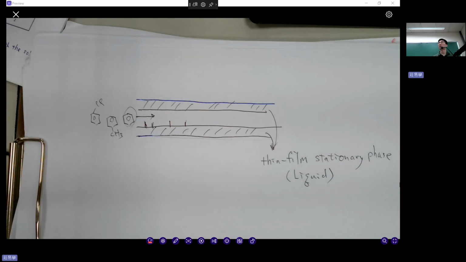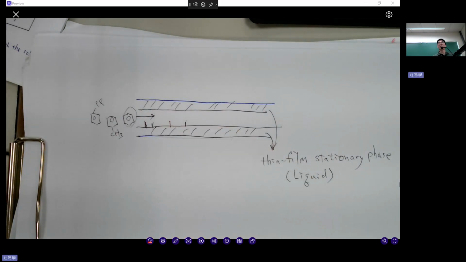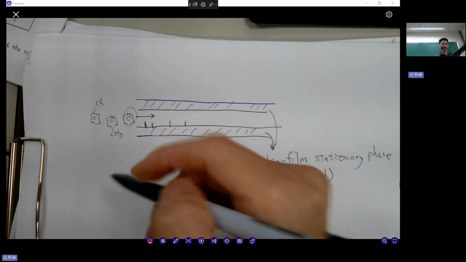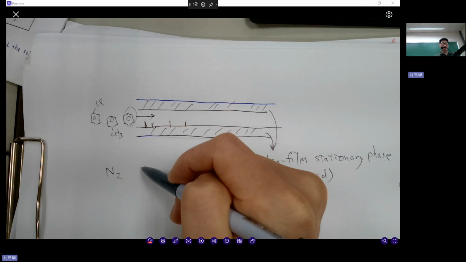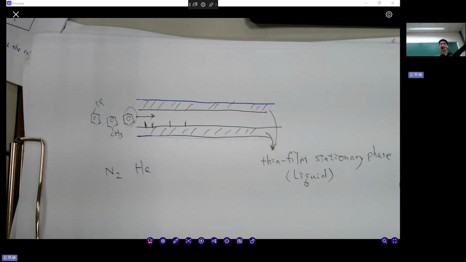Usually it's nitrogen gas. Gas chromatography usually comes with a gas tank alongside it. The machine is connected to a cylinder of gas, and the most commonly used gases are either nitrogen or helium. They are inert to basically everything.